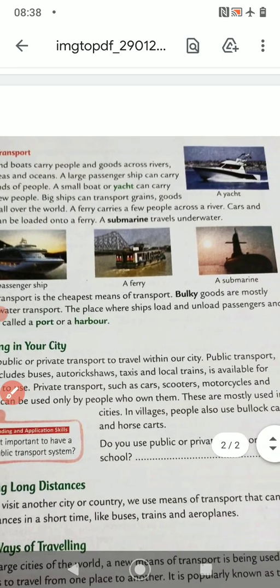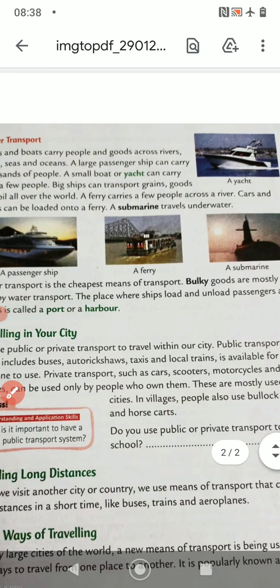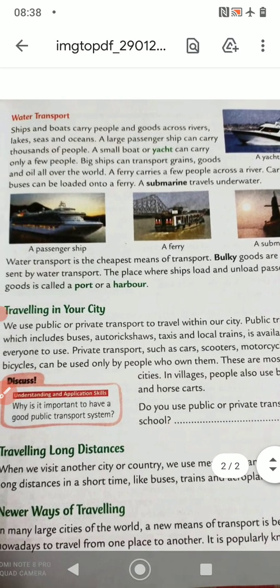A small boat or yacht can carry only a few people. Big ships can transport grains, goods, and oils all over the world. A ferry carries a few people across the river.